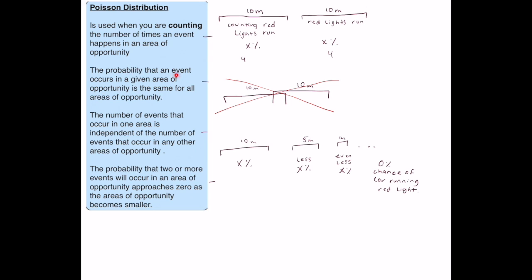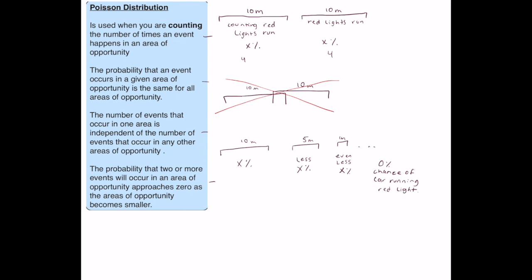The second characteristic is that the probability that an event occurs in a given area of opportunity is the same for all areas of opportunity. So it's going to be the same 4 cars on average in every 30-minute time period. That doesn't mean that 4 cars are going to run the red light every 30 minutes, but it's going to culminate into an average for each of these areas of opportunity.